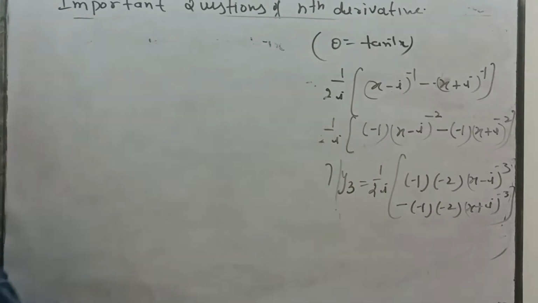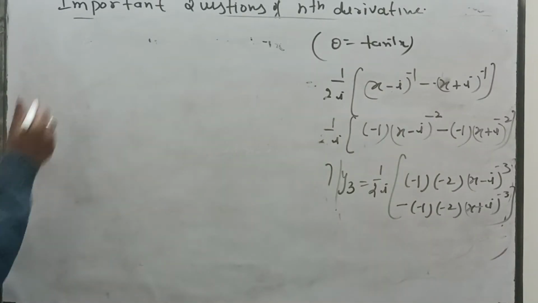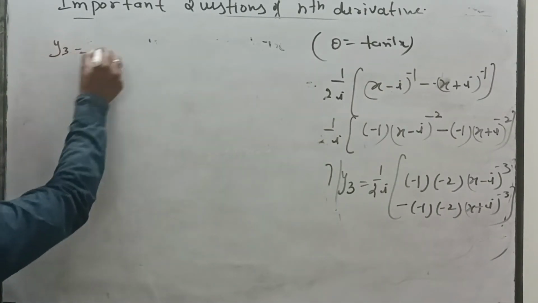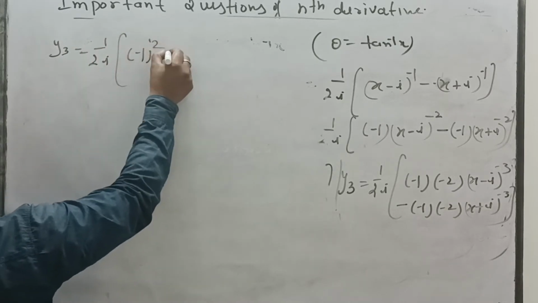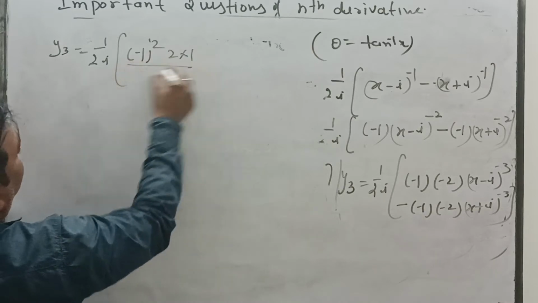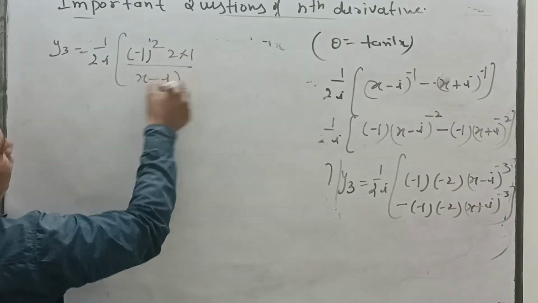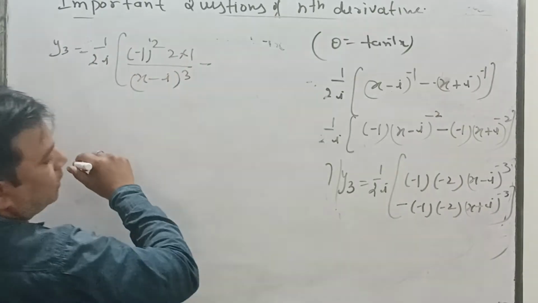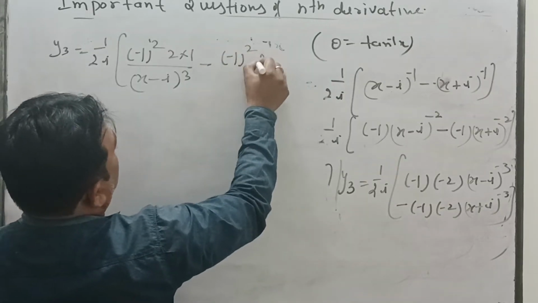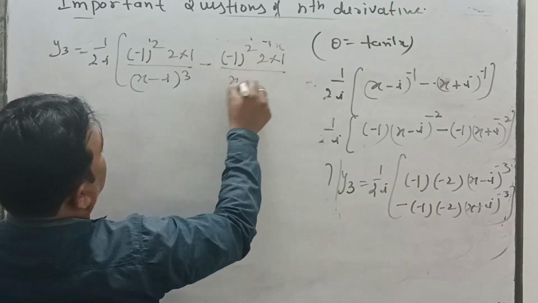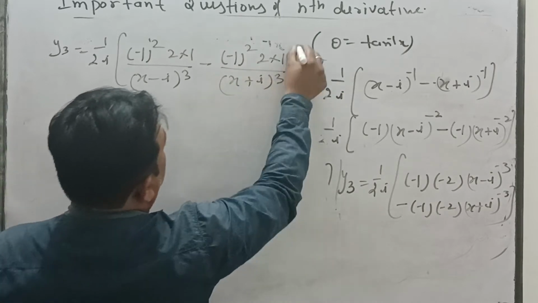So now write this question: y3 equals 1 upon 2i times [(minus 1) squared 2 into 1 upon (x minus i) to the power 3 minus (minus 1) squared 2 into 1 divided by (x plus i) to the power 3].